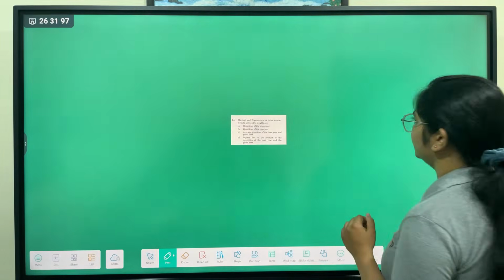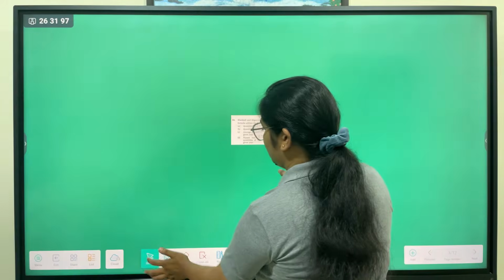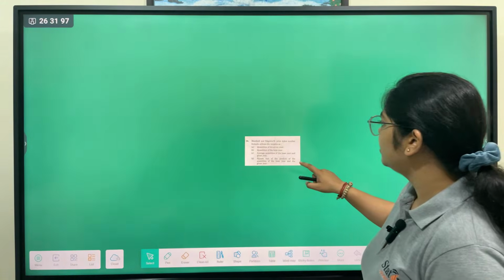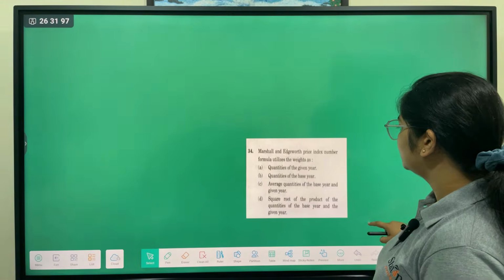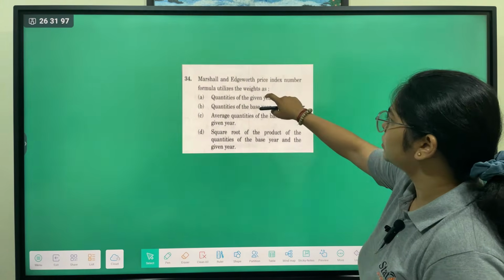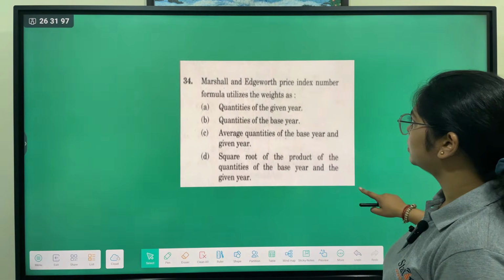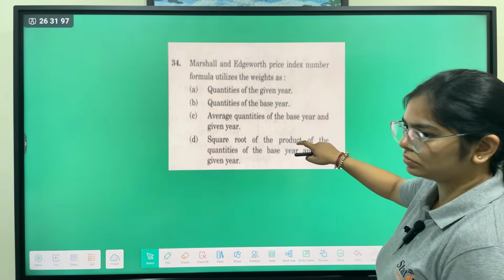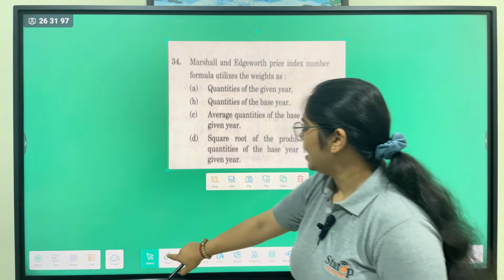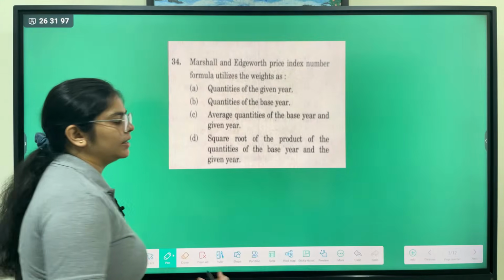Now moving towards another question. This question is about index numbers, price index number. Marshall and Edgeworth price index number.